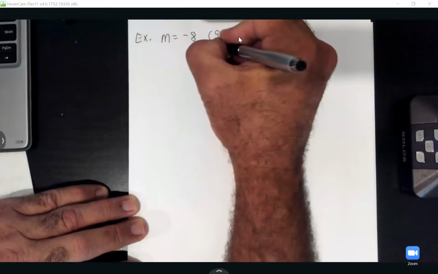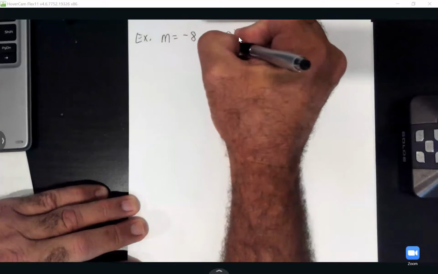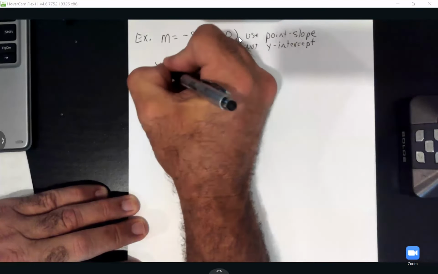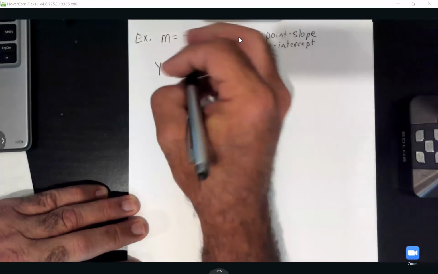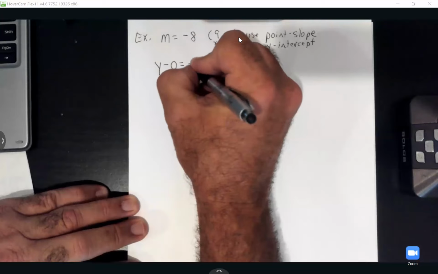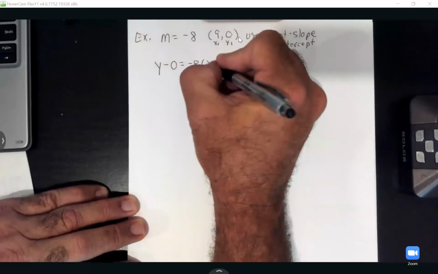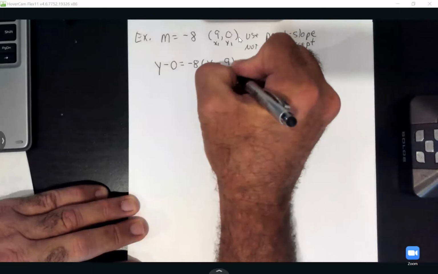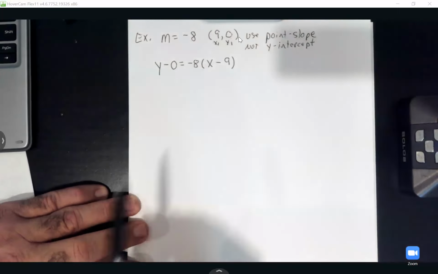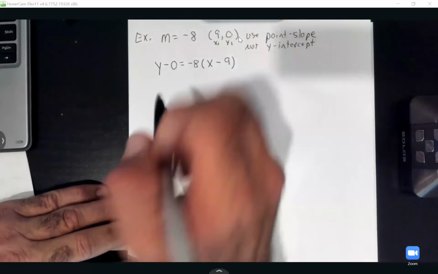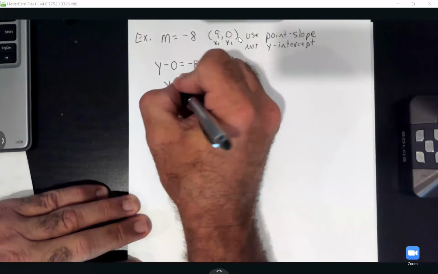So this will be x1 and y1 will be the 0. So here we go. y minus my y1, which is 0, is going to equal m, which is -8, times my x minus my x1, which is 9. Y'all like this one because when the y value is 0, y minus 0 is y on the left side.